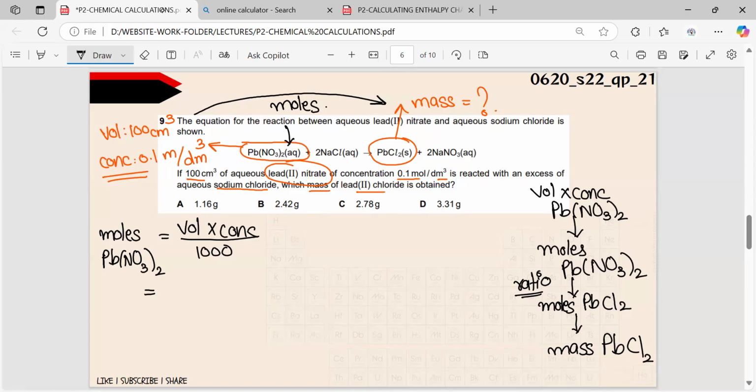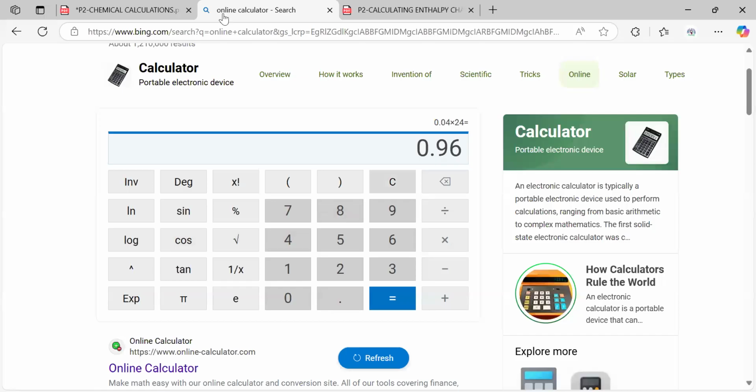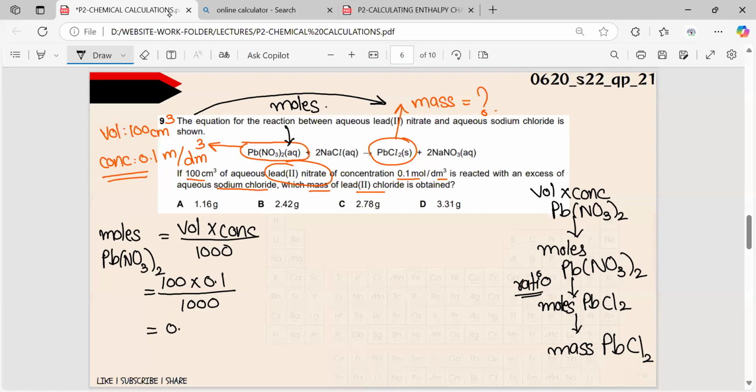So here the volume is 100, concentration is 0.1, we'll divide by 1000 to get the number of moles. 100 multiplied by 0.1 divided by 1000, 0.01. So these are the number of moles of lead nitrate. This is step number 1.